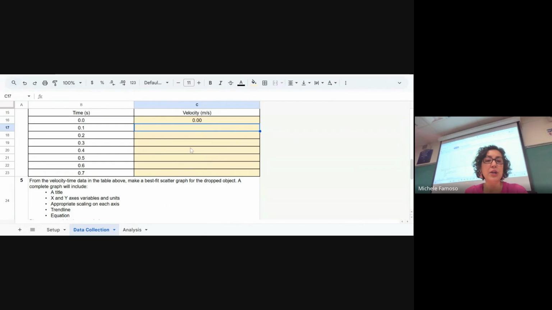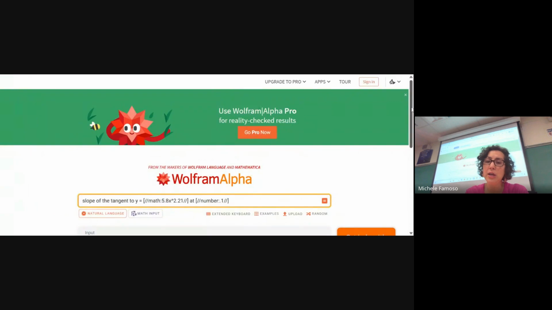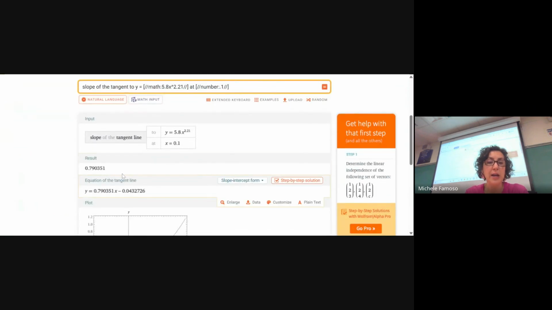Okay, now we're going to do the same thing, but we're going to change the time to 0.1. So go back to your tangent line calculator, change that x value to 0.1. Hit calculate. It's going to do the calculation and give you a result, 0.790351. Is that what you're getting?